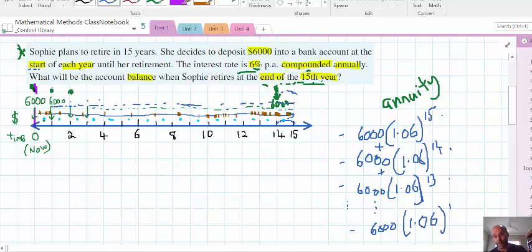And you can also see it here because we need 15 of these, and the last one would have to be 1, because the indices equate to the number of terms. Now this here is a geometric sequence. So the sum of the terms in a geometric sequence, or a series in other words, we've seen that before.